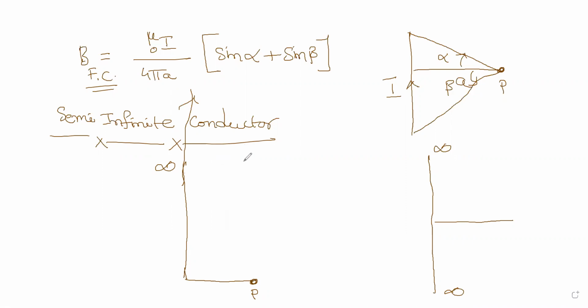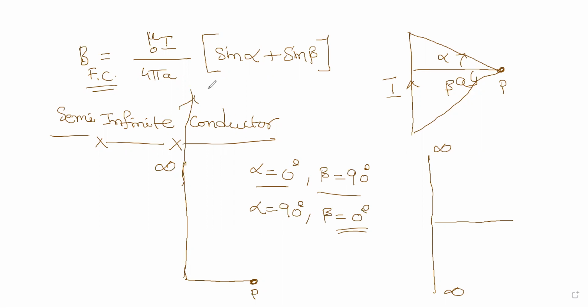For a semi-infinite conductor, one angle alpha is equal to 0, and the other angle beta happens to be 90. It can be either way. One angle is 0, the other angle is 90. You can choose alpha as 90 or beta as 0. It's up to you. Doesn't matter.